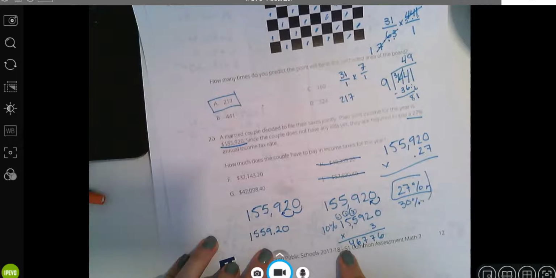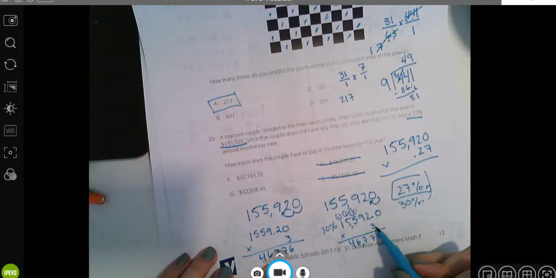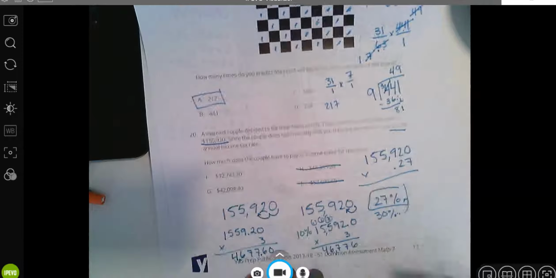Times 3. It's probably going to be something like this because this was times 3 as well. It's actually going to wind up being the same digits, but one place value over. Okay, so 3% is $4,677.60. If I subtract this minus this, it'll give me my answer.